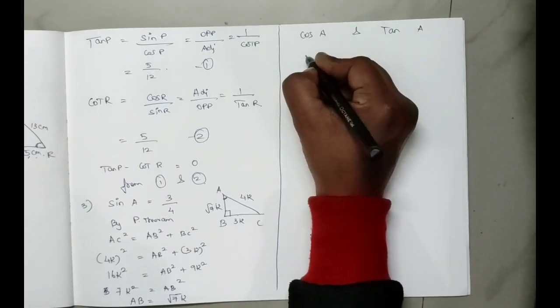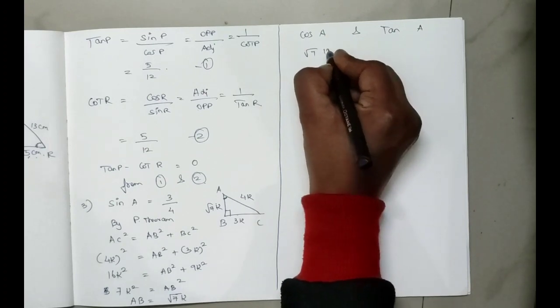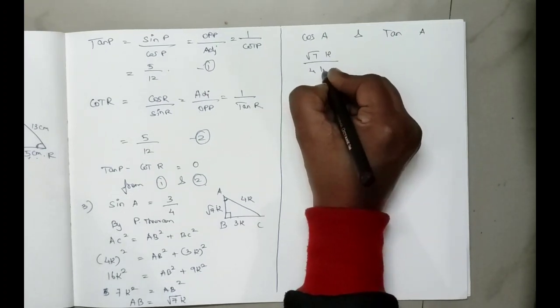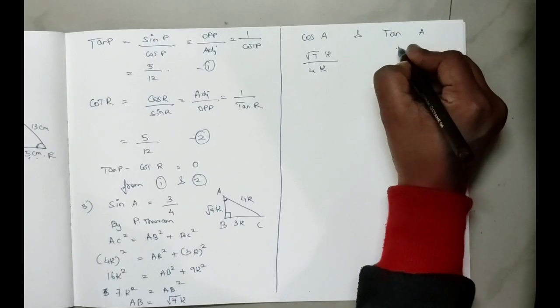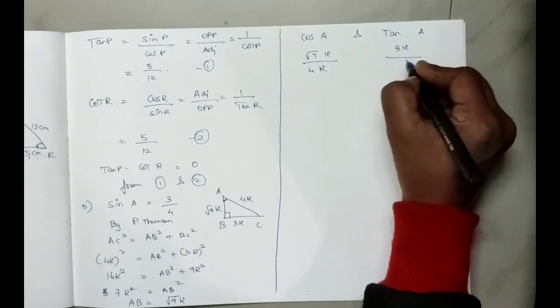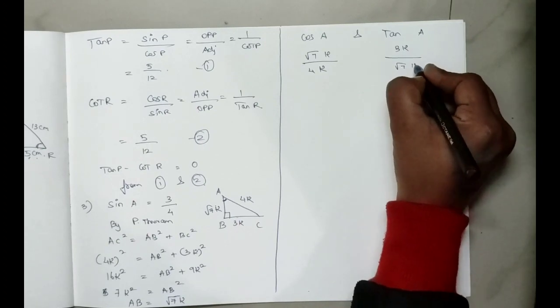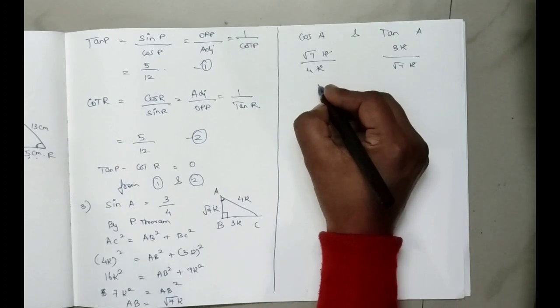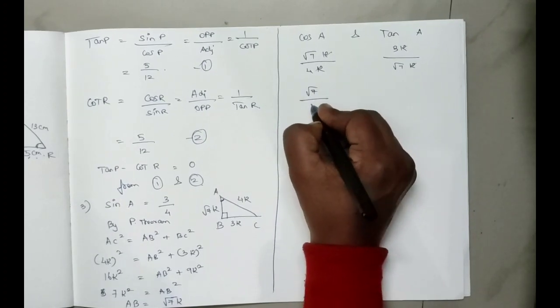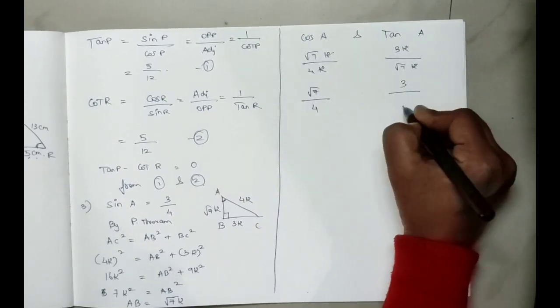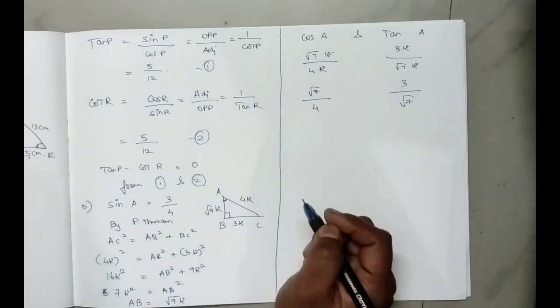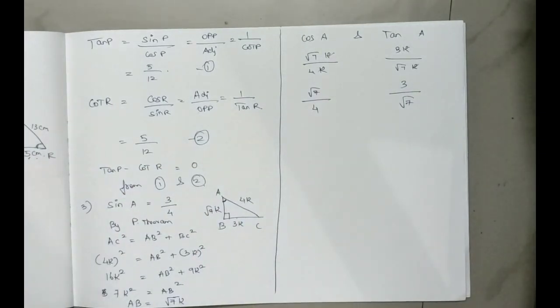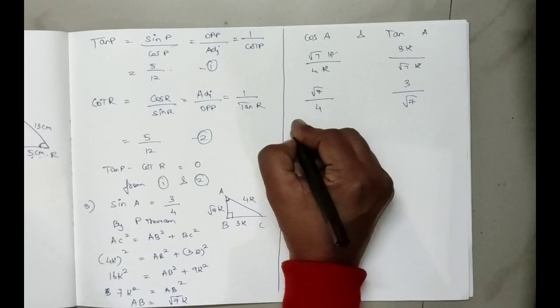So adjacent by hypotenuse is nothing but root 7k divided by 4k, and this is going to be opposite divided by adjacent, nothing but 3k divided by root 7k. Now here we can cancel k and k. So this is root 7 divided by 4, and this is 3 by root 7. Okay, that's it. Then we'll go to the fourth one.